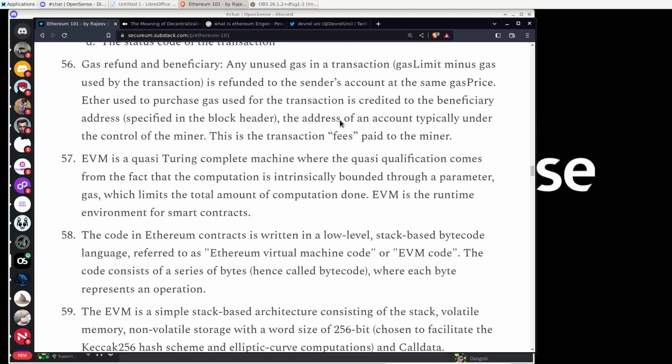So the address of an account, typically under the control of the miner, is where the transaction fees are paid. Let me just read that again. Ether used to purchase gas for the transaction is credited to the beneficiary address. The address of an account, typically under the control of the miner. This is the transaction fees paid to the miner.